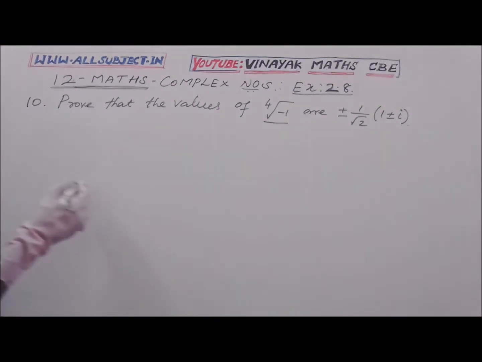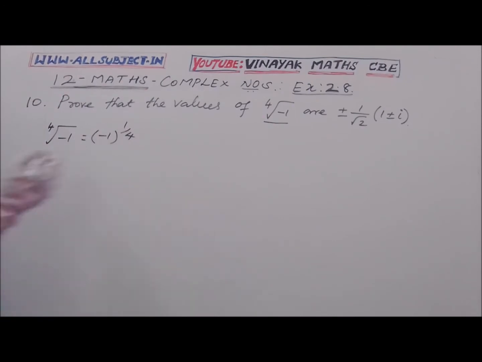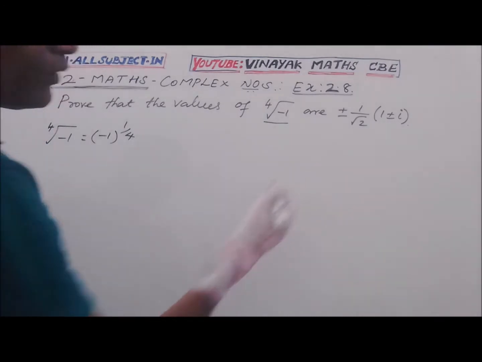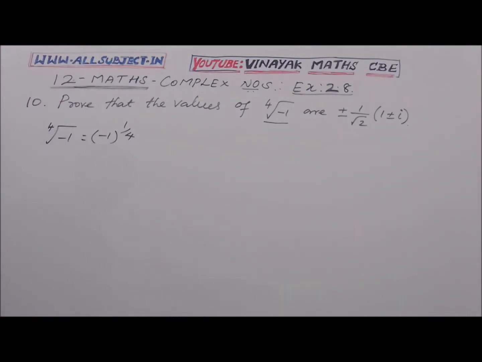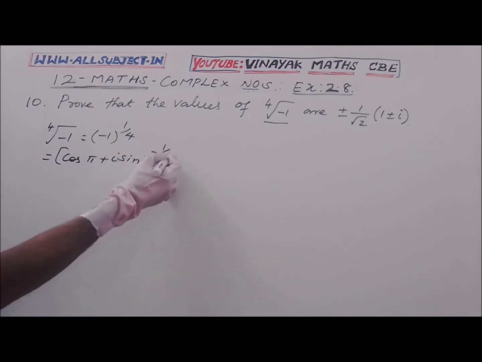So taking this fourth root of minus 1, the fourth root of minus 1 is equal to minus 1 power 1 by 4. The polar form of 1 is cos 0 plus i sin 0. The polar form of minus 1 is cos pi plus i sin pi, whole power 1 by 4.